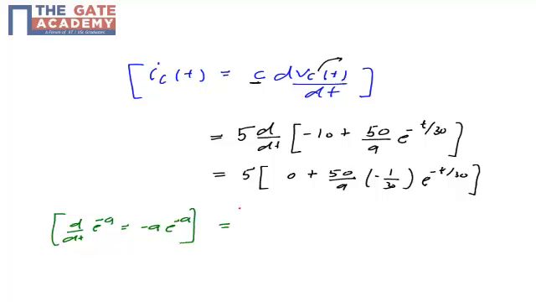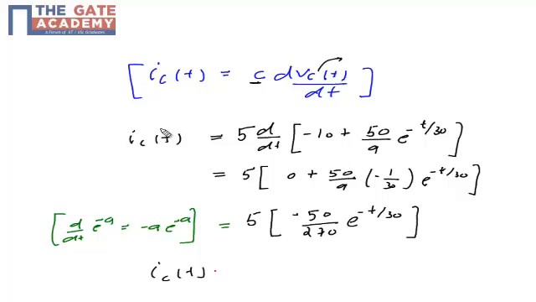So my expression will be 5 times minus 50 by 270 e raised to power minus t by 30. If I further simplify this expression, IC(t) is equal to minus 25 by 27 e raised to minus t by 30.